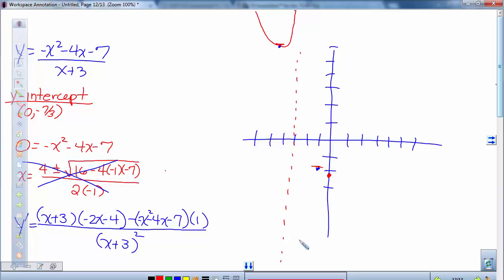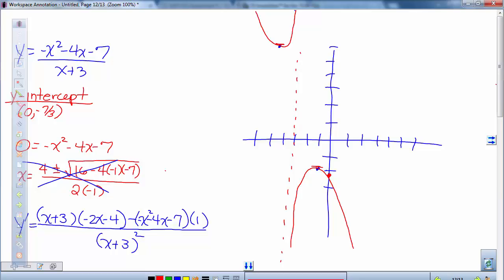We don't have any zeros. So it looks like this thing might look like what? We got a cross right here. This is a max. So something like that. And then over here, is it like that? Okay, well, there you go. All right, so that's a rough sketch of it.